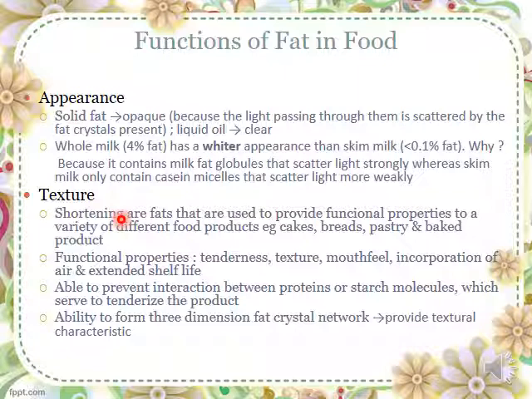Examples of functional properties given by shortening are tenderness, texture, mouthfeel, incorporation of air so that it looks more fluffy, and at the same time extending the shelf life of the baked products.